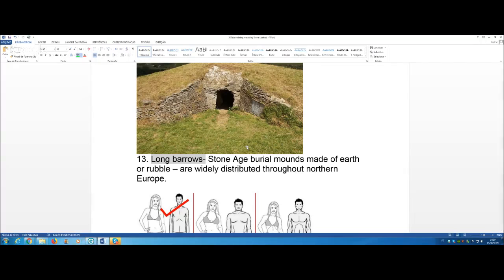Long barrows, burial mounds made of earth or rubble, are widely distributed throughout northern Europe. Here is another relative clause, but the punctuation... actually it's not a relative clause because I don't have a relative pronoun. It is actually another positive.